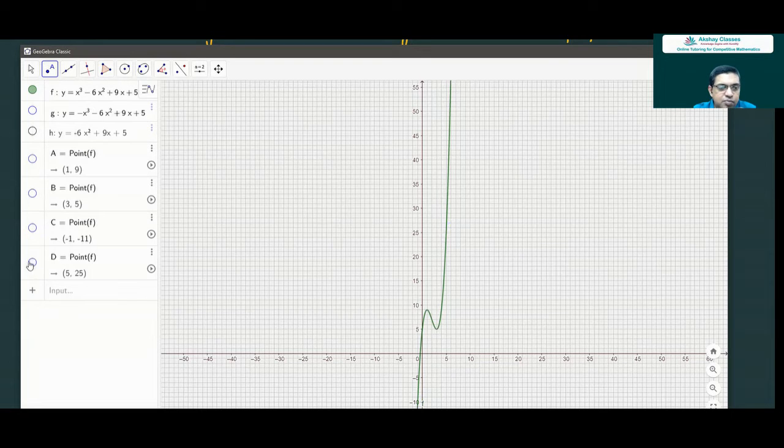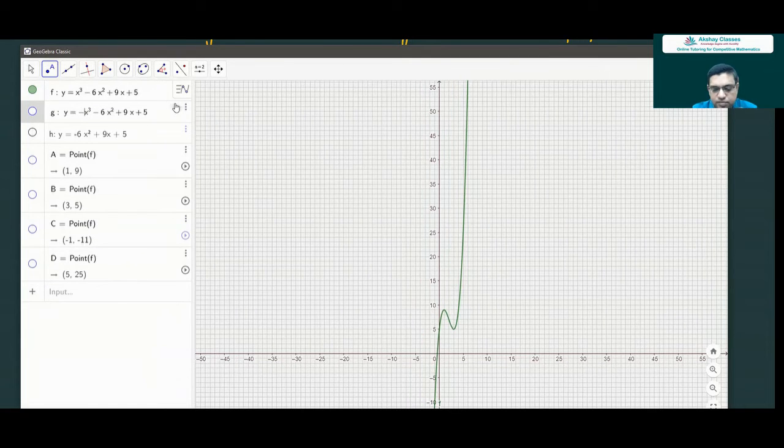I'm just suppressing all these points. Now, I'm adding an x power 4 term.